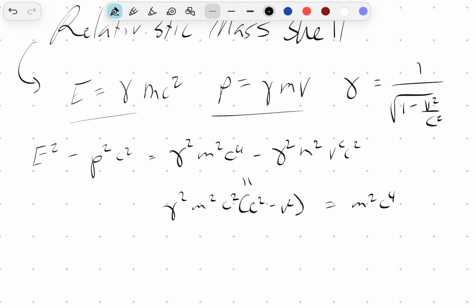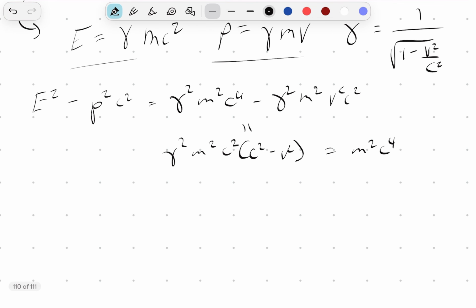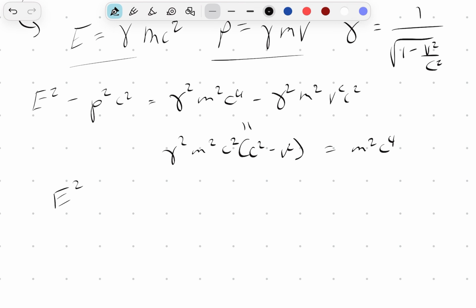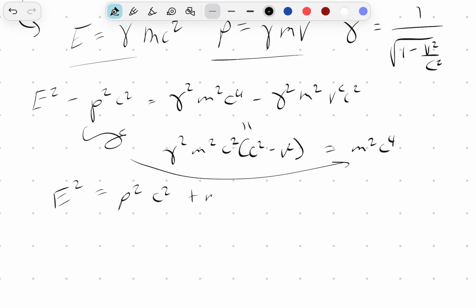The dispersion relation between energy and momentum that we are able to get, independent of the observer's velocity, is just moving this term over to this side here. I'm not going to go through the full algebra, but you should be able to compute that and verify that for yourself: E squared equals p squared c squared plus m squared c to the fourth.